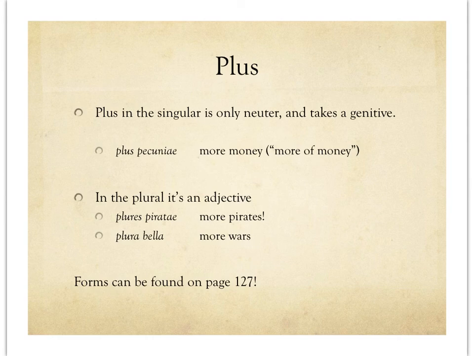So plus only appears in the singular neuter, and it takes a genitive. So in the singular, we only have these neuter forms, and then we just use it with a noun to say more of. So for example, in Latin, you would say plus pecuniae, more money. That is literally more of money.